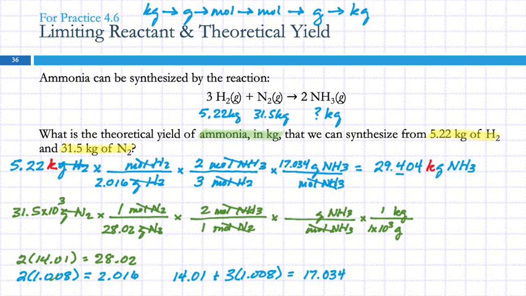The molar mass of ammonia has not changed in the last 10 minutes, so we can just copy that down. And cancel the grams. So 31.5 EE3 divided by 28.02 times 2 times 17.034 divided by 1 EE3 equals.